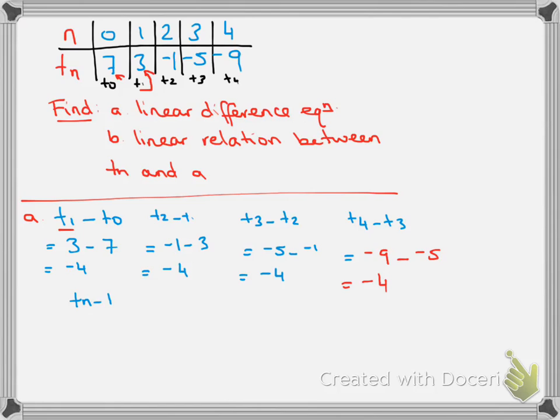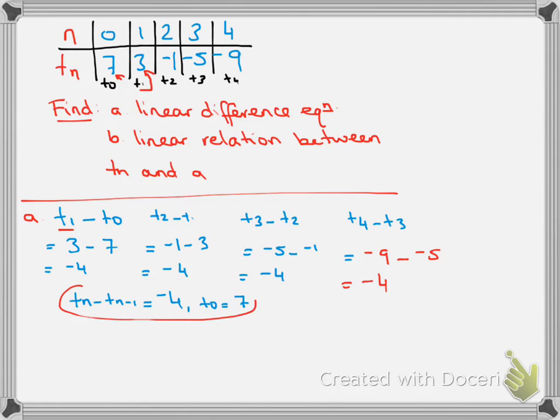Tn minus Tn minus 1 is equal to -4, where T0 is equal to 7. Okay, so that's our answer for the very first part, to find our linear difference equation.